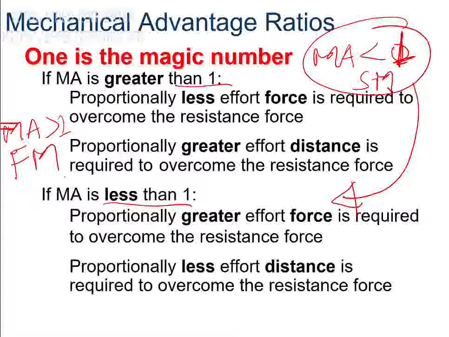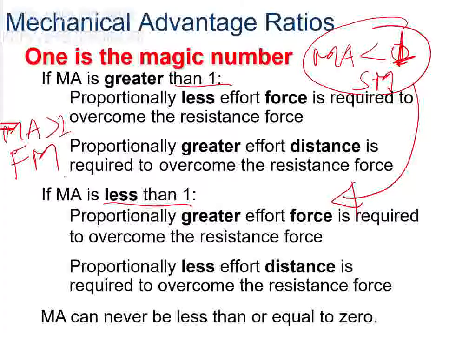But in the second case, if the mechanical advantage is less than 1, by applying a large amount of force, we lift a small object, but at this time, we move the object a large distance. Distance moved by the load is greater than distance moved by the effort. But if the mechanical advantage is equivalent to 1, the machine cannot multiply a force as well as what? A speed.